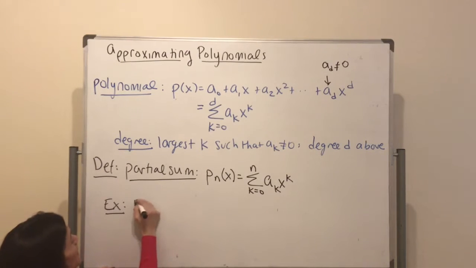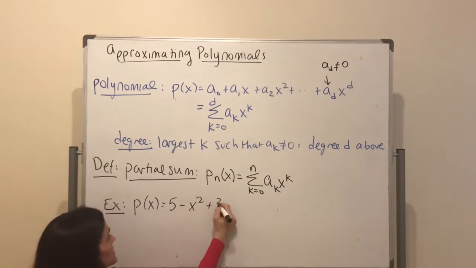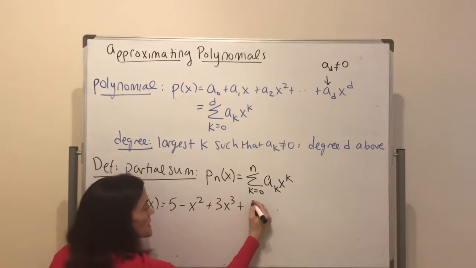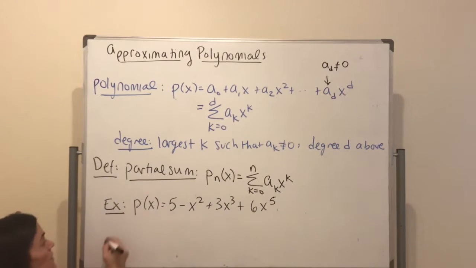If we take the polynomial p of x, which is 5 minus x squared plus 3x cubed plus 6x to the fifth. Okay, this is degree 5, right?